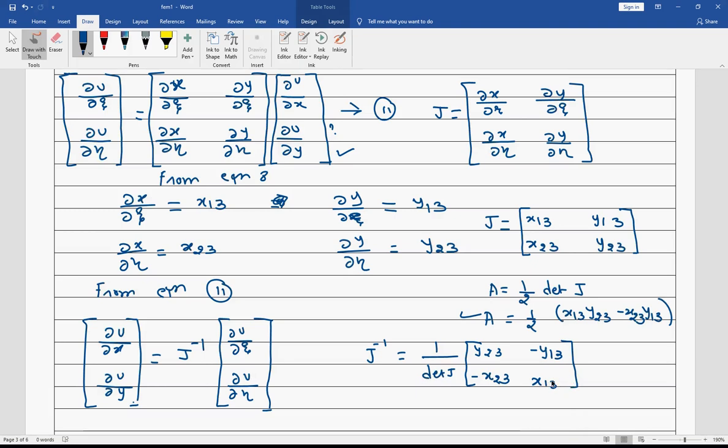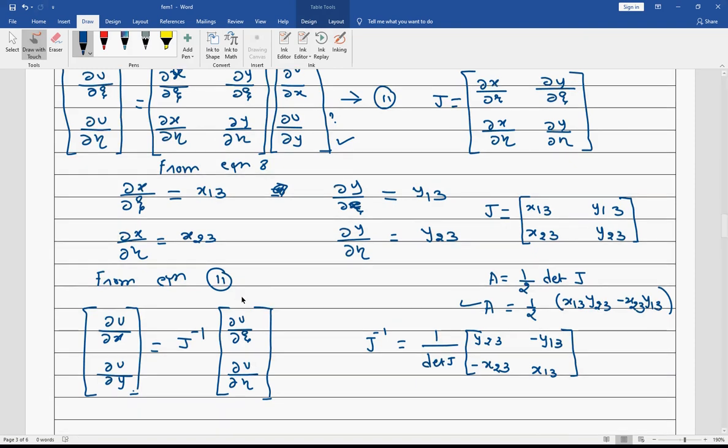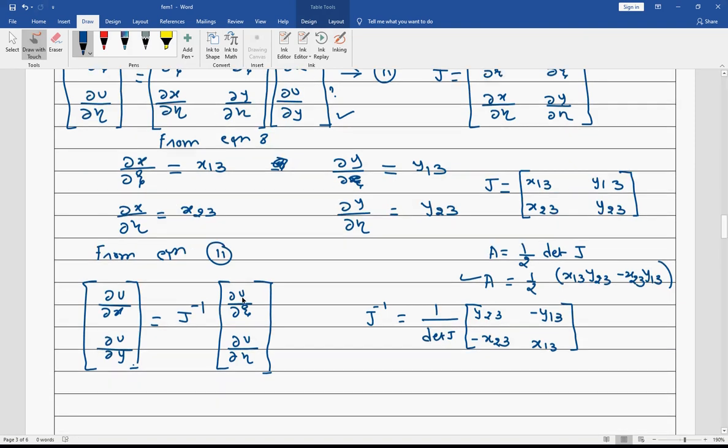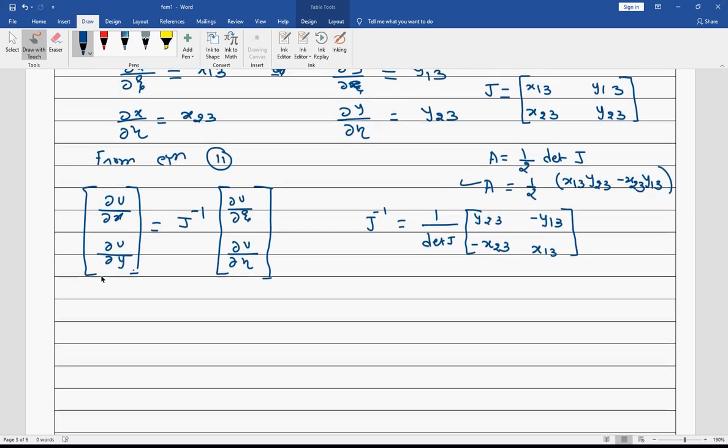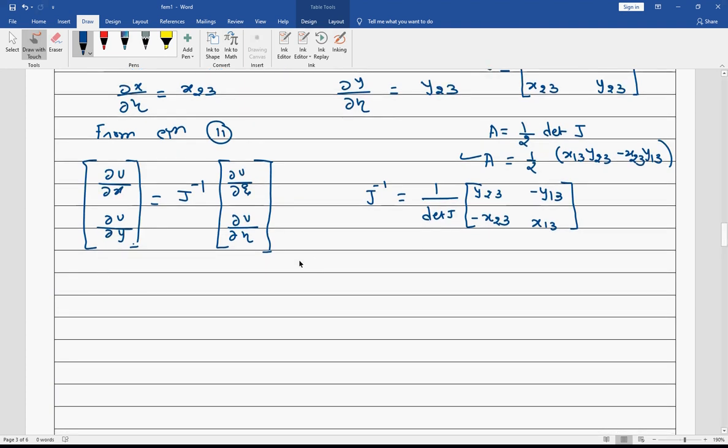Once J inverse is calculated, I am in a position to find out the strain in x and y direction because of displacement u. So the ultimate aim is to find that. Now let's first evaluate del u by del xi and del u by del eta.